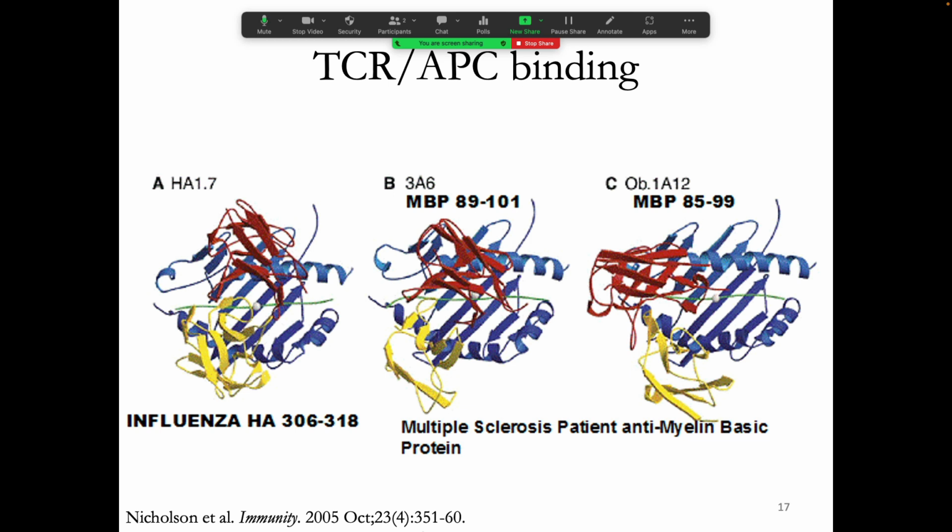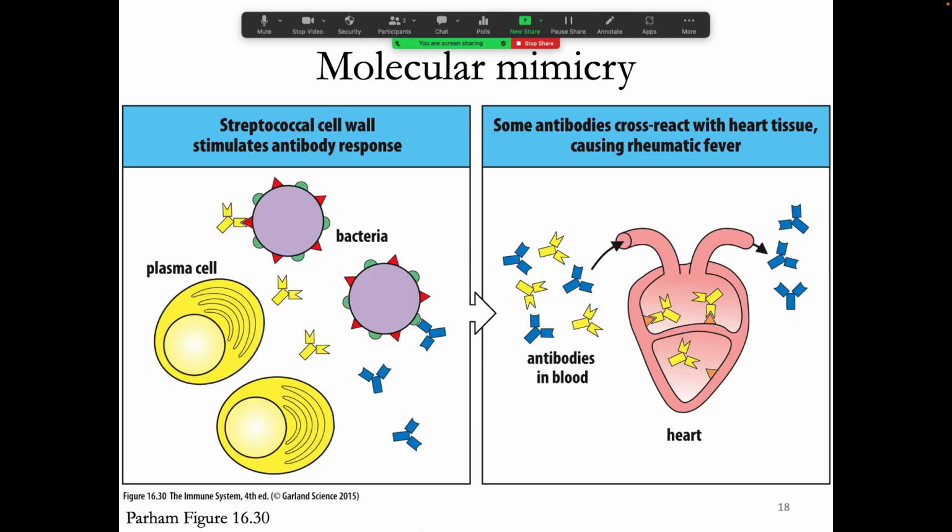What I'm showing you here about molecular mimicry has been about T cells, because I like to think about T cells. However, it is definitely not just something that happens with T cells. There are situations where we can see antibodies that cross-react as well.